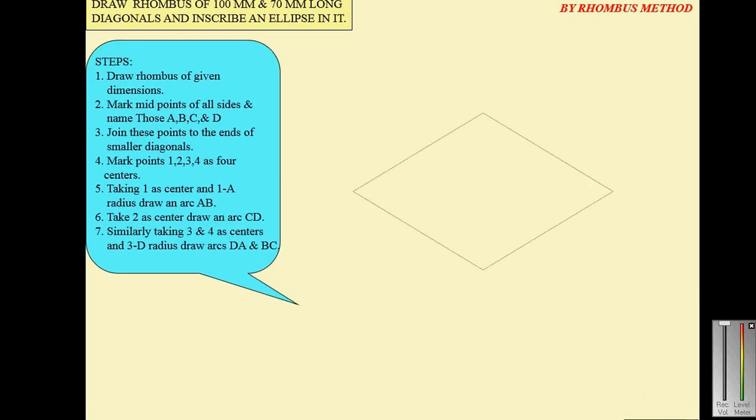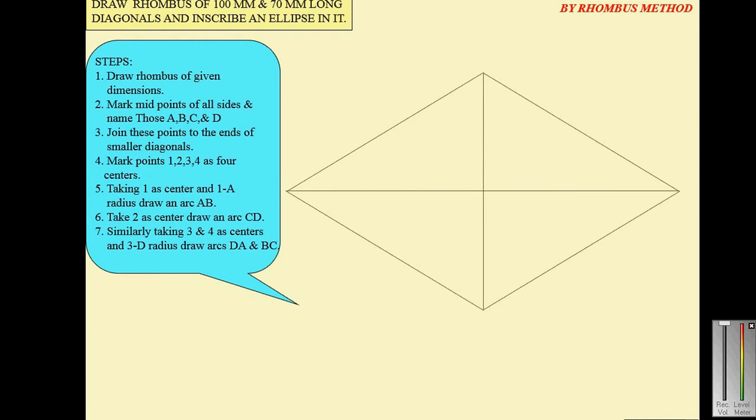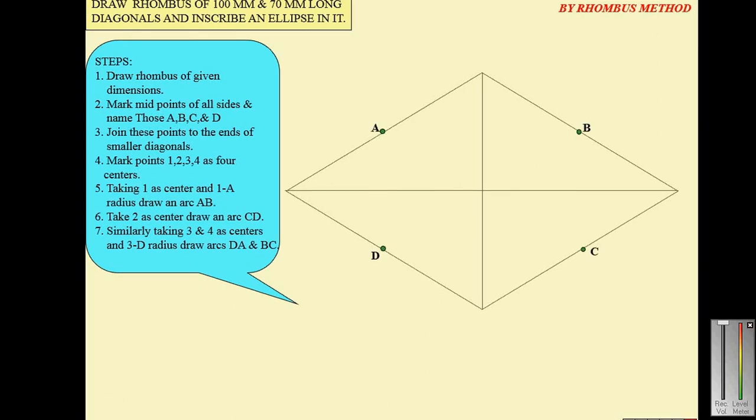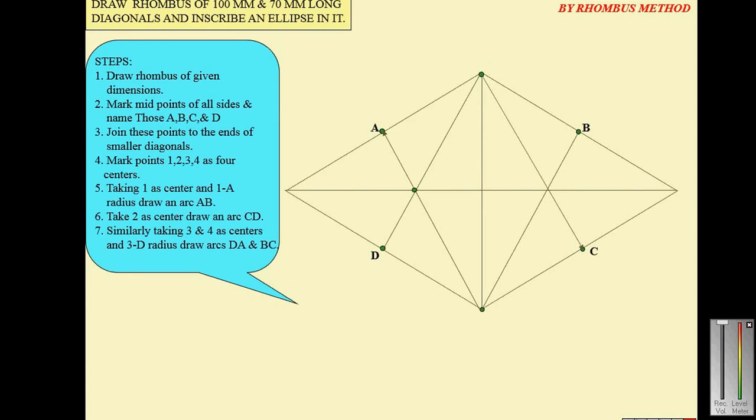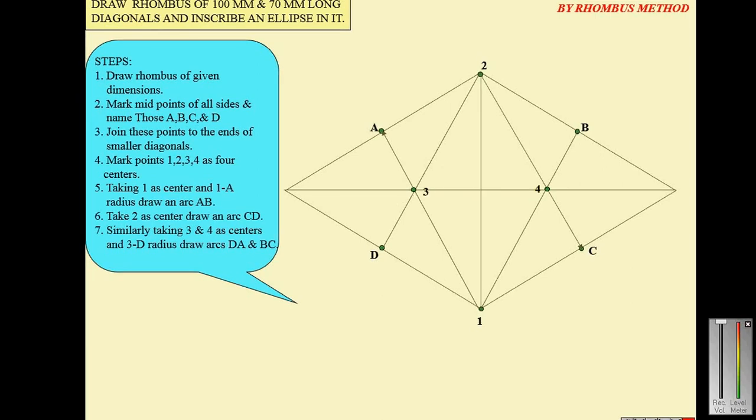Another is the rhombus method. So draw a rhombus of 100 mm by 70 mm, with its diagonals, and inscribe an ellipse in it. Draw the rhombus and mark the points A, B, C, D. Join the diagonal lines as shown in the figure, and join 1A, 2D, 2C and B1.